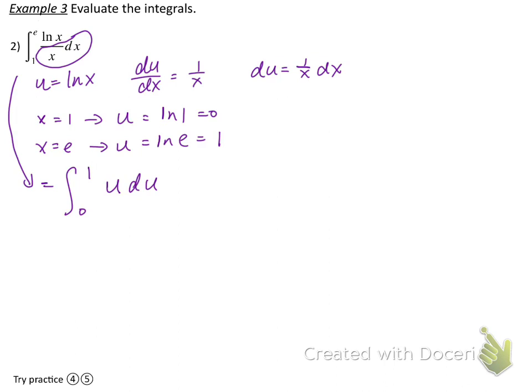So I'm just having u to the first power. I add the exponent by 1, I flip it, and I evaluate. This is 1/2 times 1 squared minus 1/2 times 0 squared, which is 1/2.